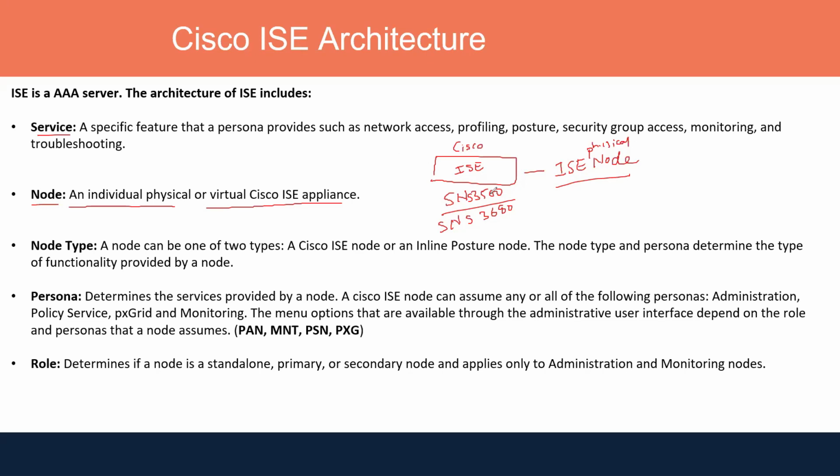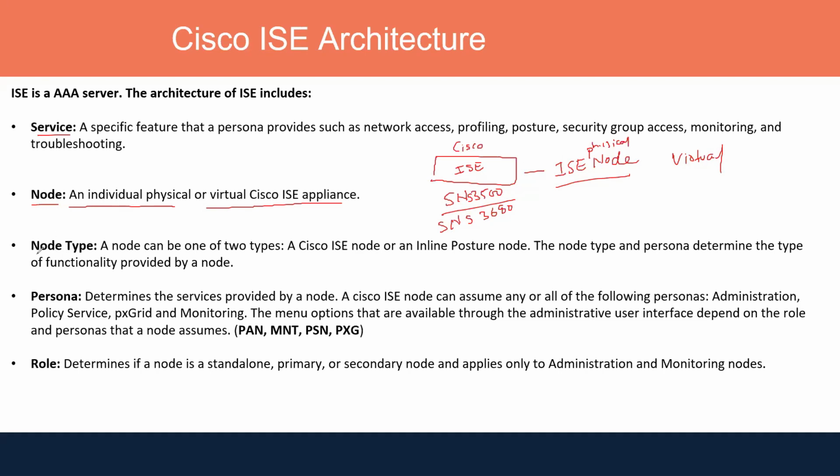It could be virtual as well. Both of them are called node. It doesn't matter if it is physical or virtual; a physical or virtual appliance, both are called node.